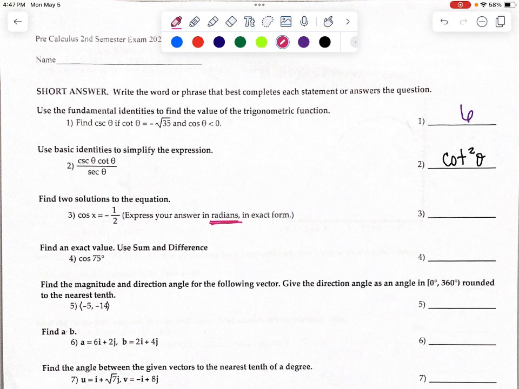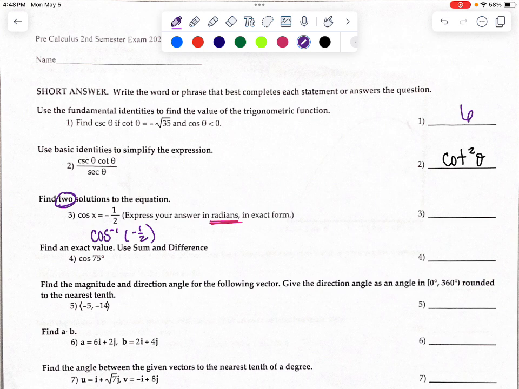Do I have a calculator? Oh, look, I do have a calculator. And when I put it in radians, oh, I'm already in radians, fantabulous. So what I'm typing in to get my first answer, because you need 2 solutions, is the inverse cosine of negative 1/2.